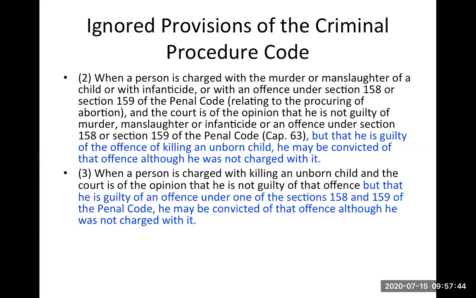So it is clear that even if Dr. Nyamu had been charged with murder under section 203, and under section 214 what he killed was incapable of being killed, but it is clear that he killed an unborn child, the Criminal Procedure Code then recommends he should have been convicted. But he was not convicted.